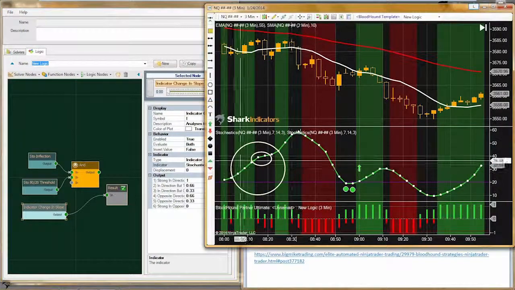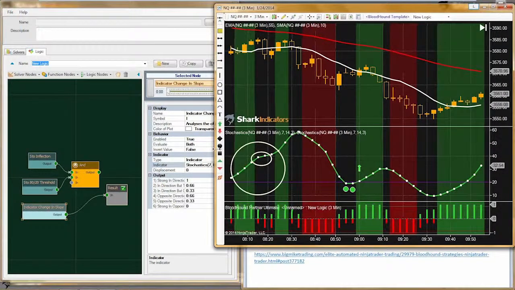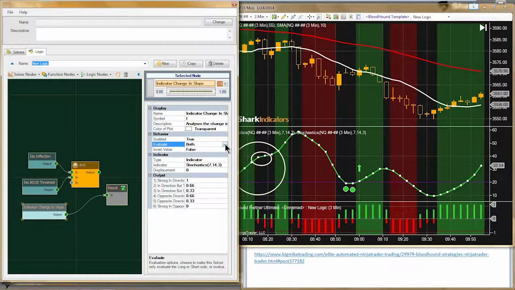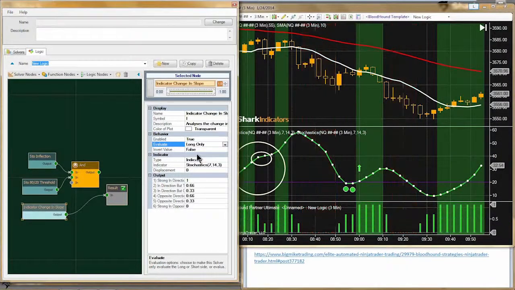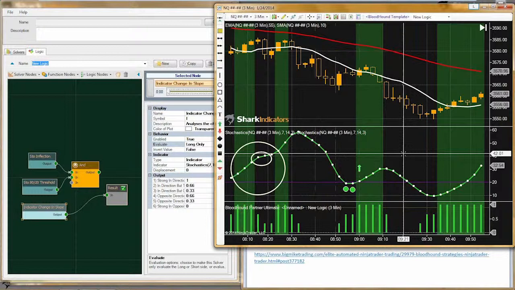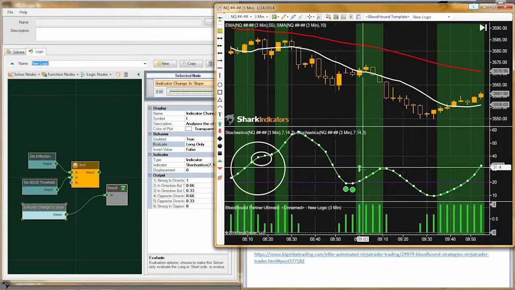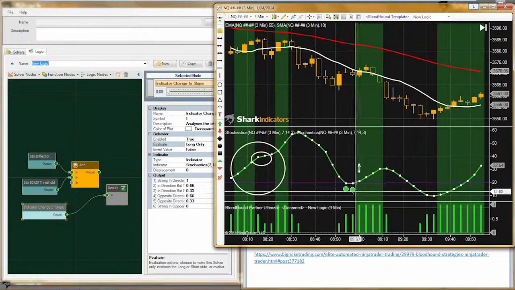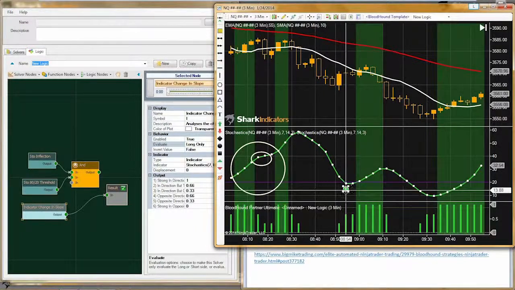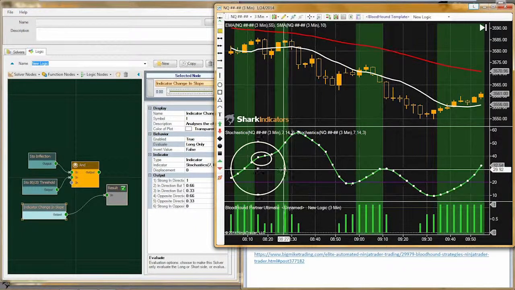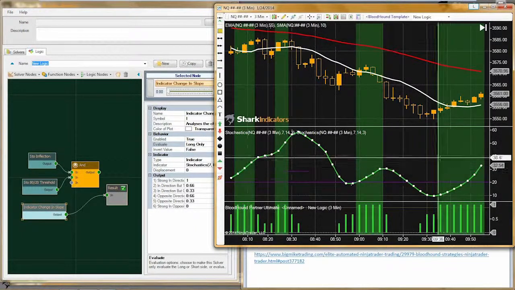And let's take a look at the chart. And let's just look at the long side for now. We'll clear this up. There we go. That's visually a little easier to comprehend. So let's get rid of that. Get rid of these circles here.